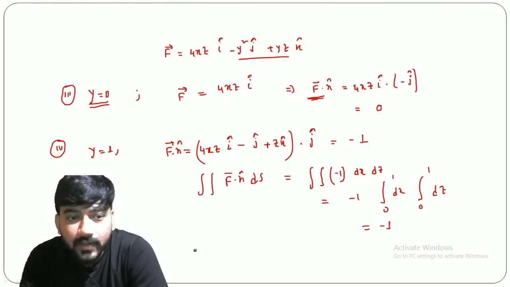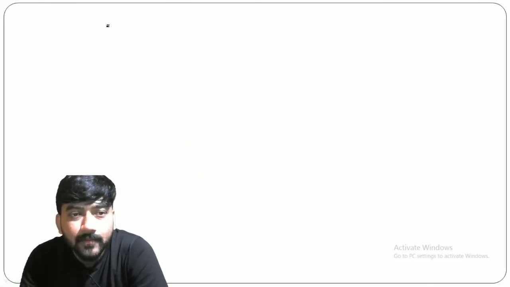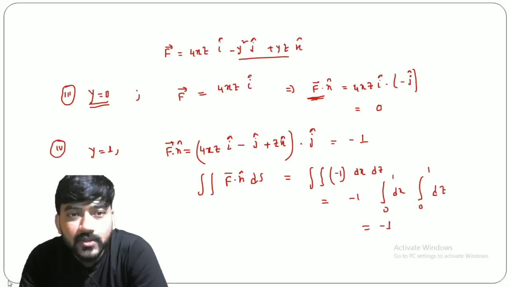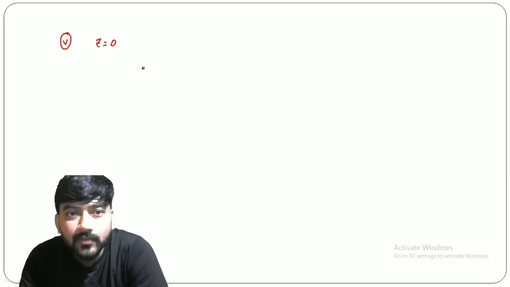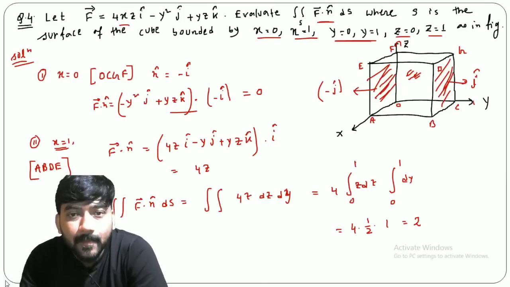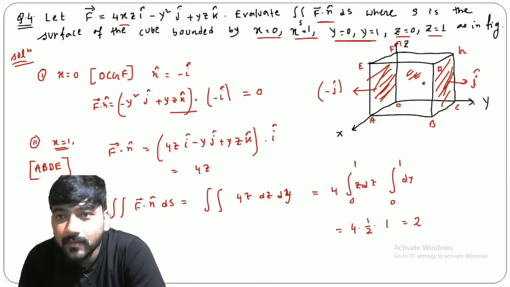Okay, now another surface is z. For z is equal to 0, what do we have? For z is equal to 0, you can see this and this term will be 0, so f will be only minus y square j cap. Now if you see the figure, for z is equal to 0 this surface, the unit vector will be along this direction.